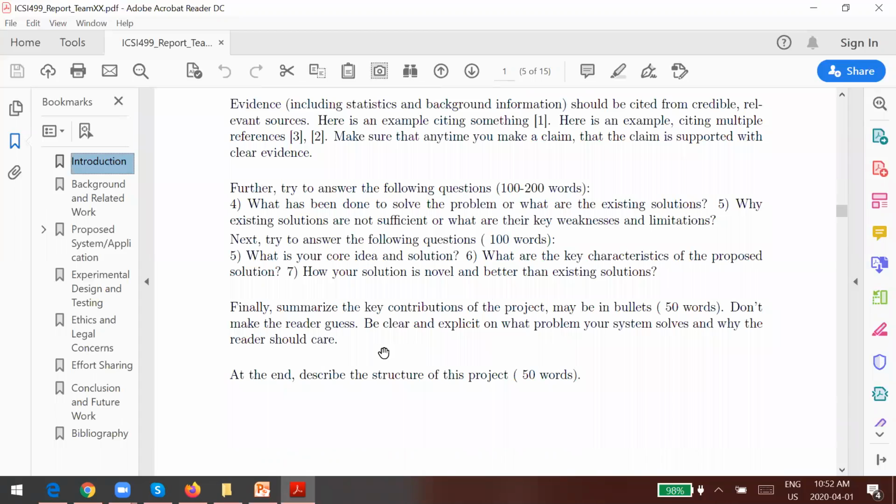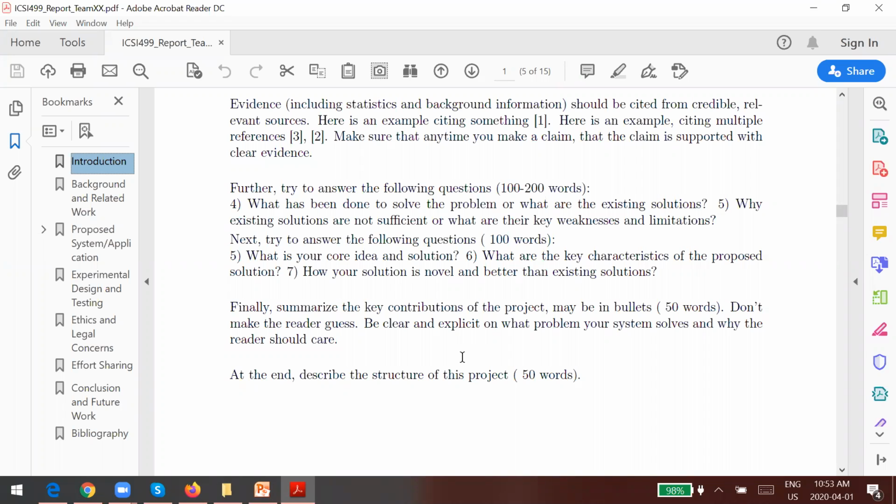Okay. Then finally you need to summarize the key contributions in bullets. You need to be explicit in writing what the key contributions in your work are. Don't make the reader guess about that. The reader would be trying to find what the key contributions are. You have to be explicit by yourself.